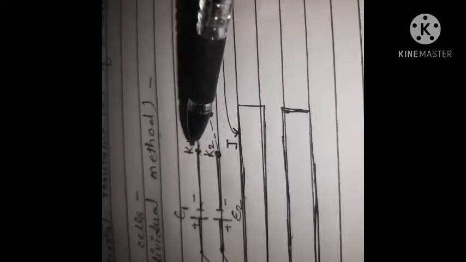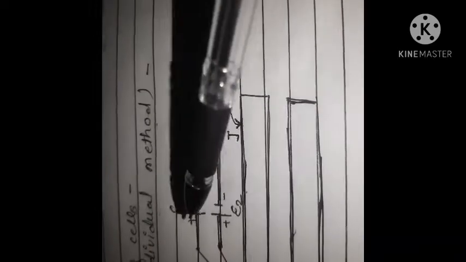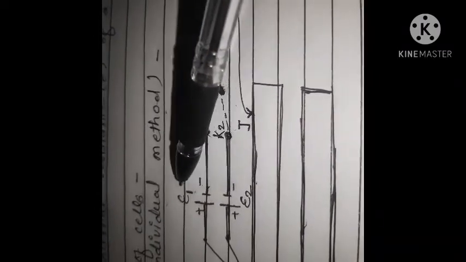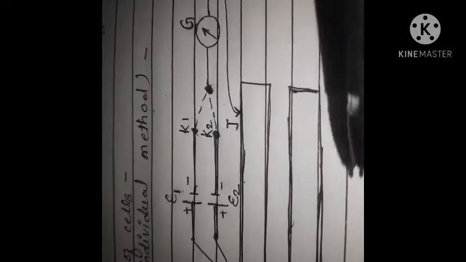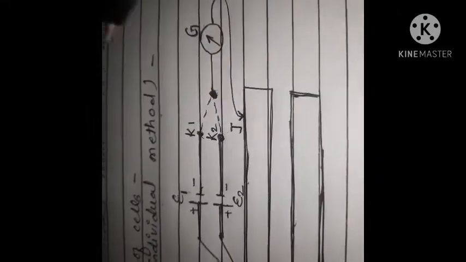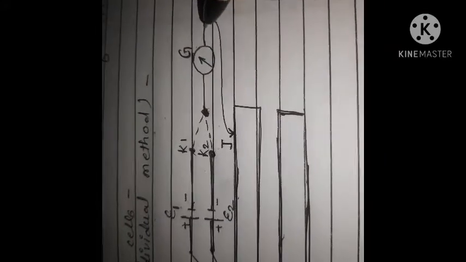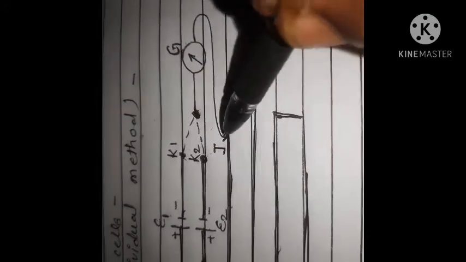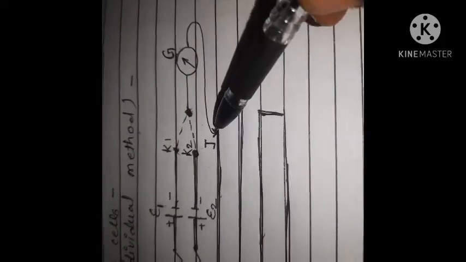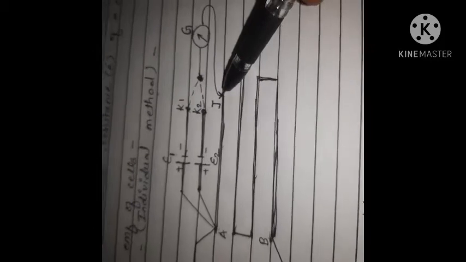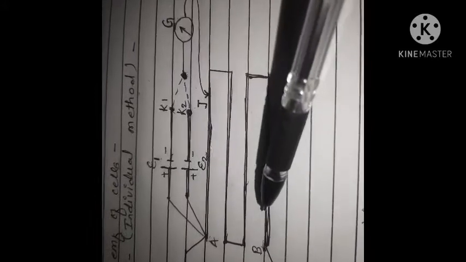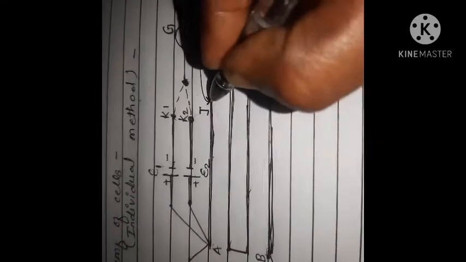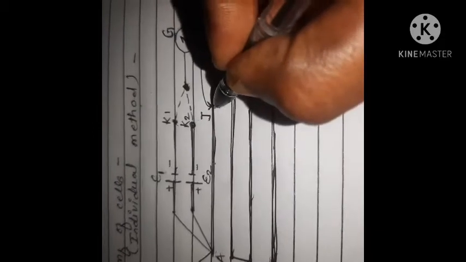As soon as key 1 is closed, the cell of EMF E1 comes in contact with the circuit, or E1 is in the circuit. Now obtain the null point by touching the jockey at various points on wire AB of the potentiometer. Suppose the null point is at this point.